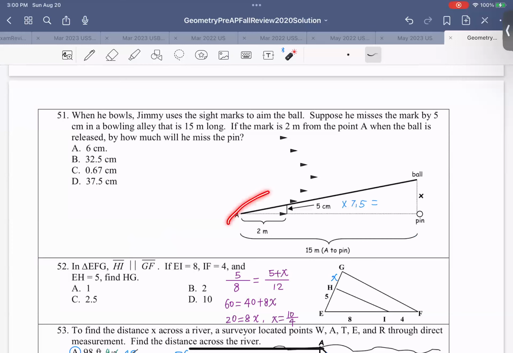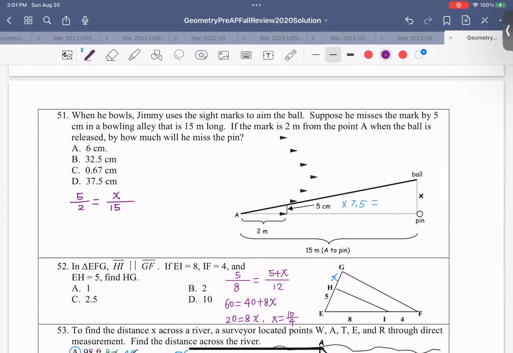No, you just see here. This piece and that piece. So we can get the proportion, please. Okay, 5/2 equals x over... Look, 5/2. So this guy corresponds to this. 50. Good, thank you.